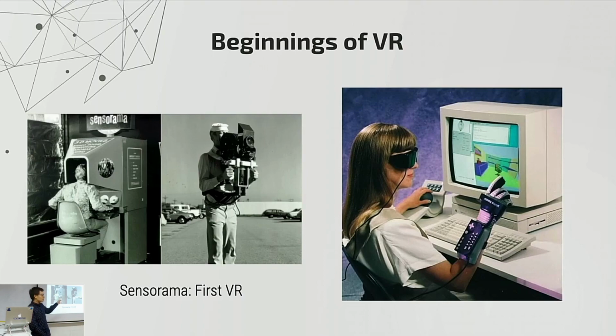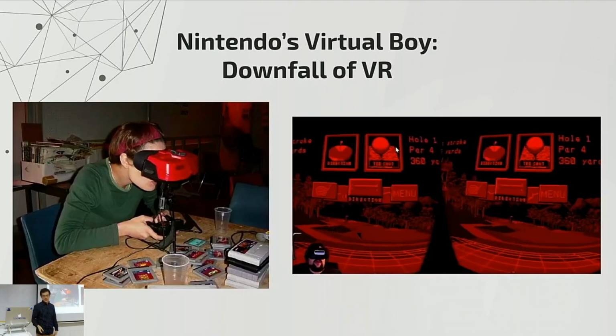And the headsets were really bulky, completely different. But once we got to the 80s, the VR headset starts to look more like today with goggles, but that was more in development, experimental. We didn't really see much commercial goods related to VR yet, but that all changed with Nintendo's Virtual Boy.